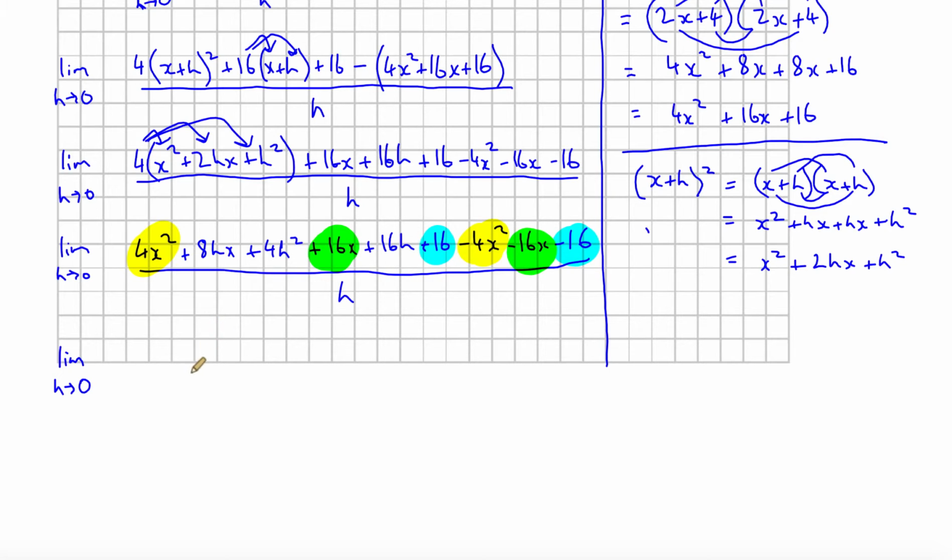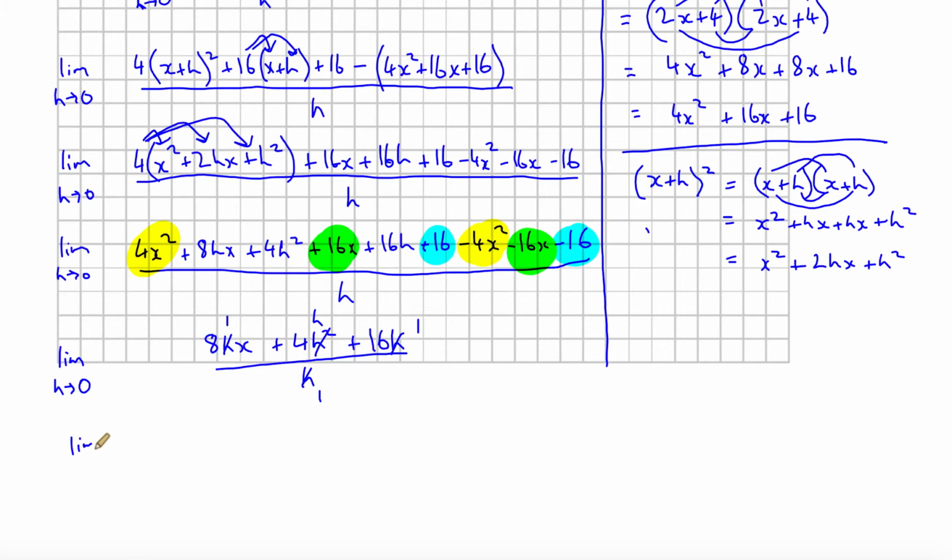That leaves us with 8hx plus 4h squared plus 16h, and that's all over h. So it's the limit as h goes to 0 of this. Well, now I'm allowed to cancel h everywhere I see it. So divide above and below by h. So h into h goes once, here it goes in once, and here to leave me with h.